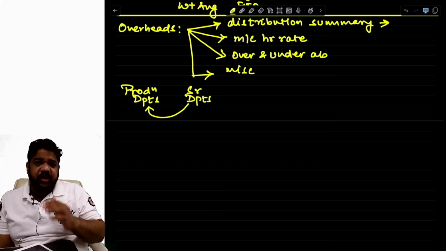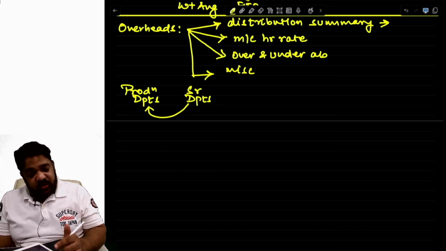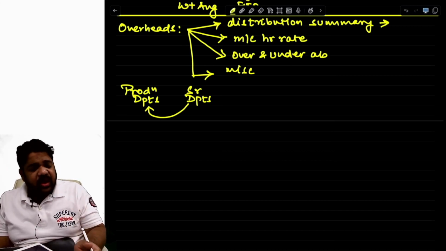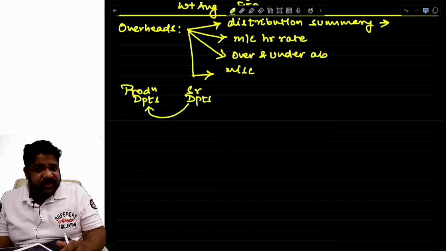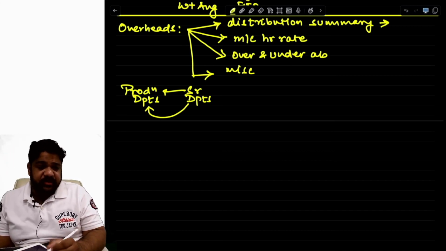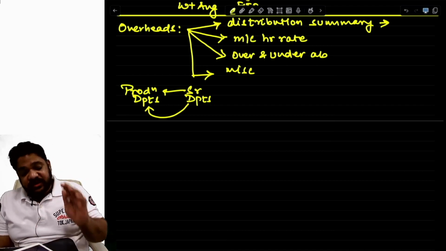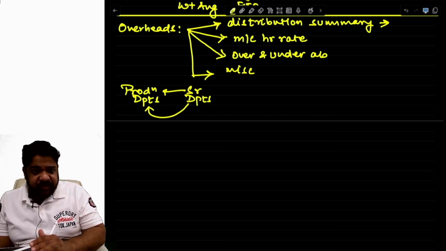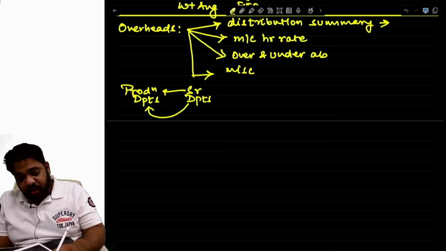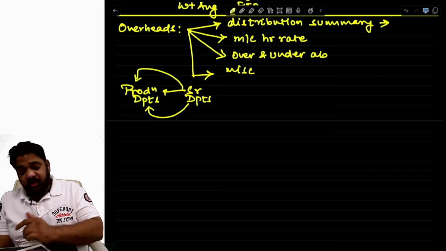I'm sure you remember me saying this a lot: the one who benefits is the one who pays. The same logic applies on overheads as well. The service departments are servicing the production department, so the production department is benefiting from the service department. Since the production department is benefiting, the cost of service departments has to be borne by the production departments.